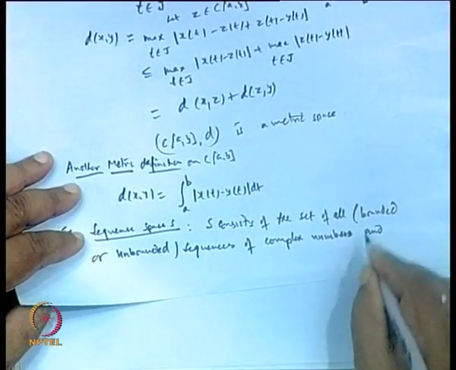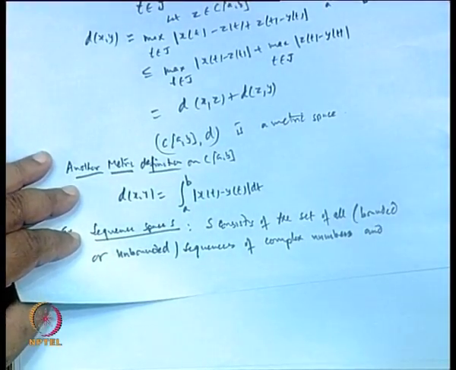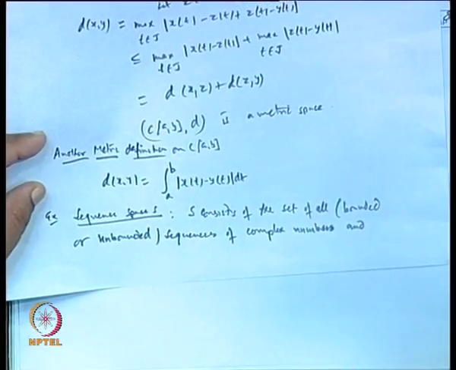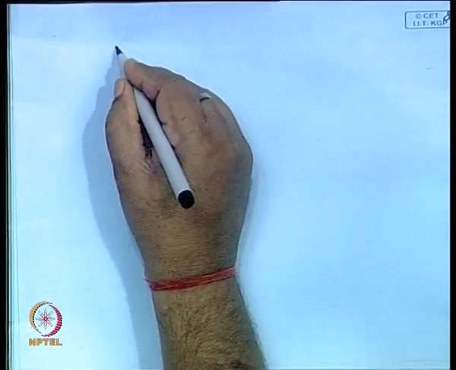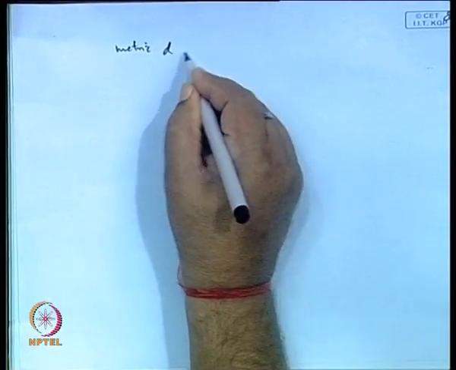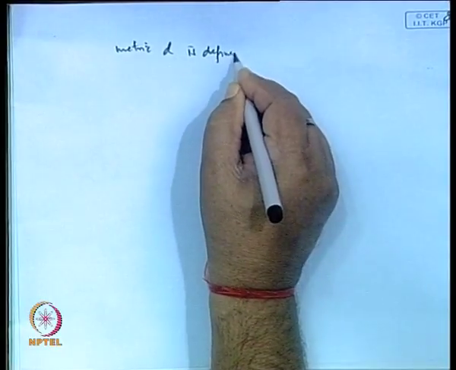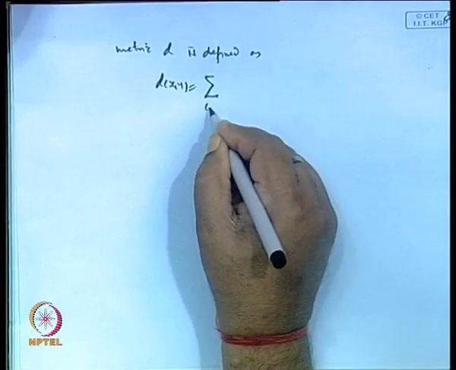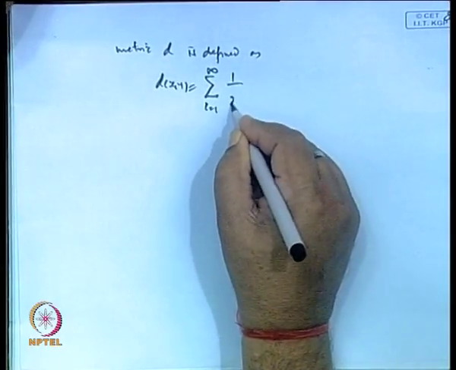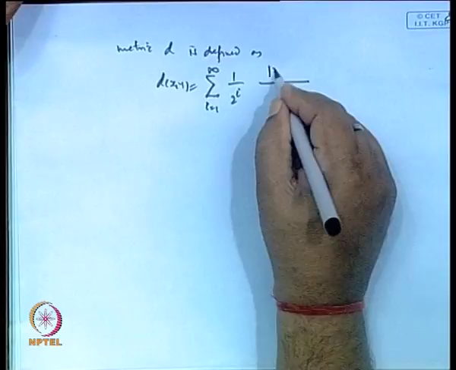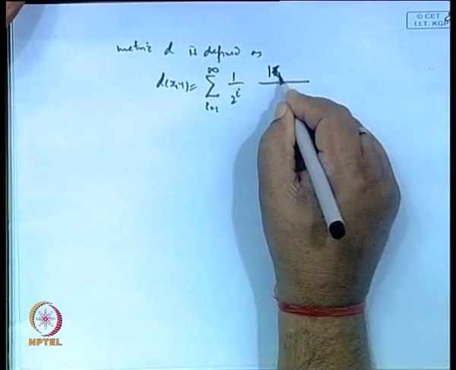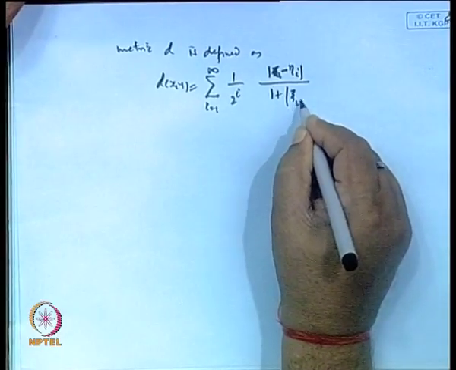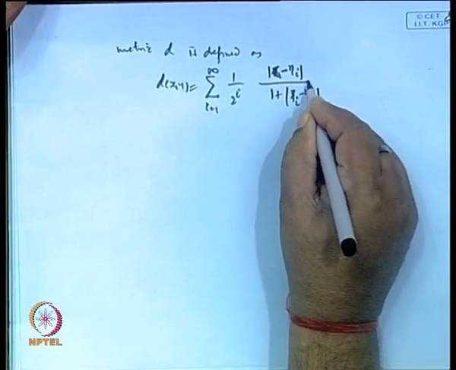And the metric d, which we define as d(x, y) equal to the sum from i equal to 1 to infinity of 1 by 2 to the power i times mod of x_i minus eta_i over 1 plus mod of x_i minus eta_i.